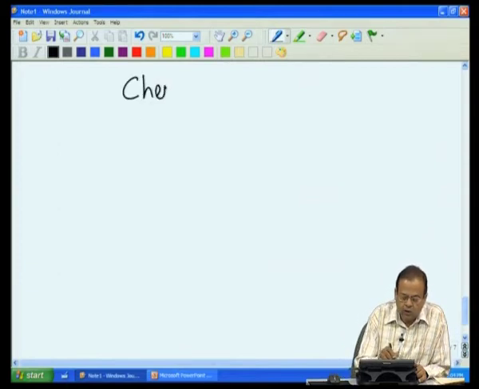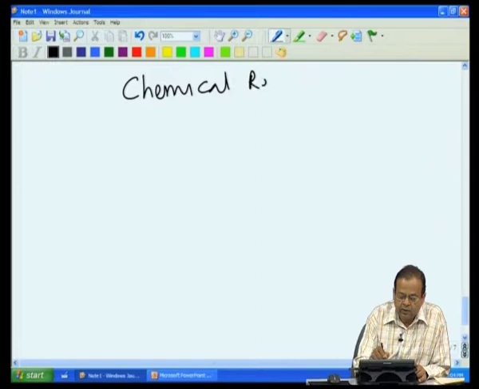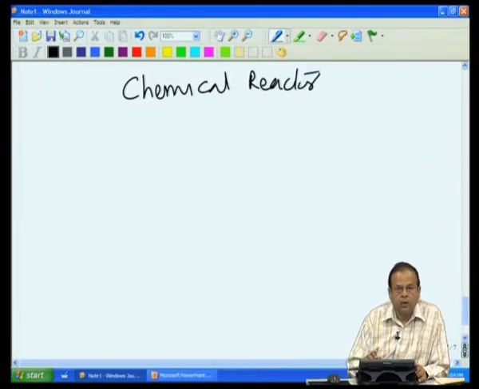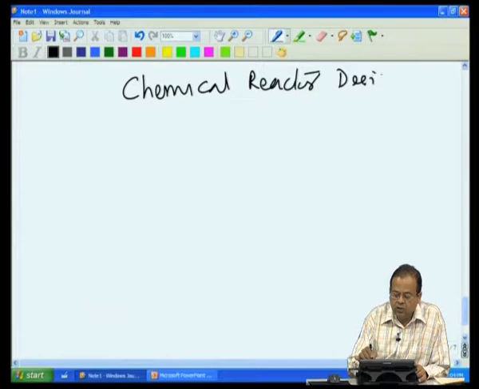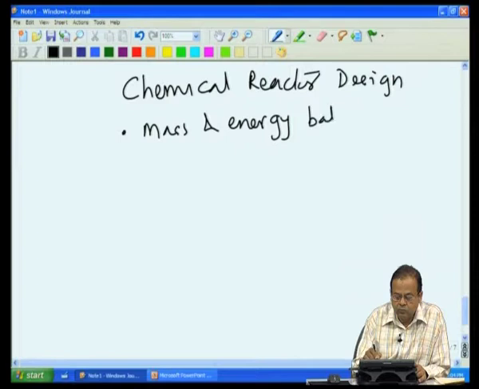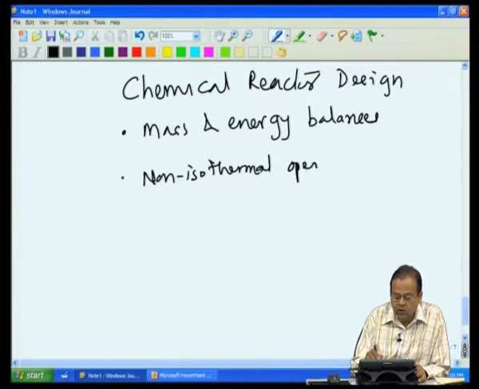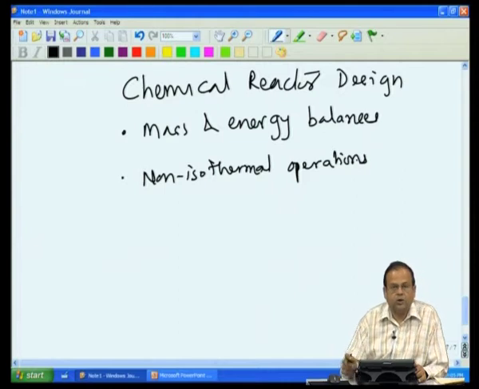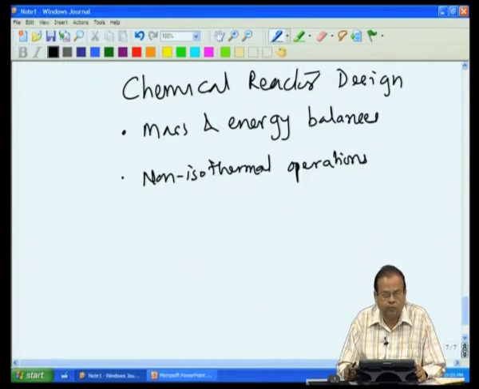So, we started looking at chemical reactor design, and for this what we are currently discussing, we initially started with looking at mass and energy balances. Then we looked at what happens when you have non-isothermal operations, why these are important, adiabatic reactors, isothermal reactors or combinations thereof.